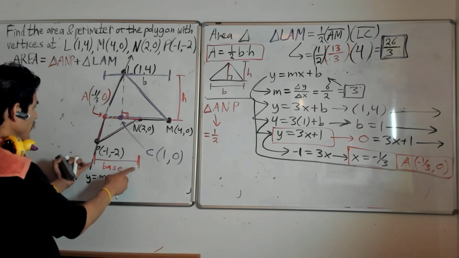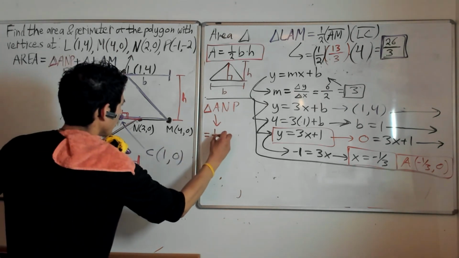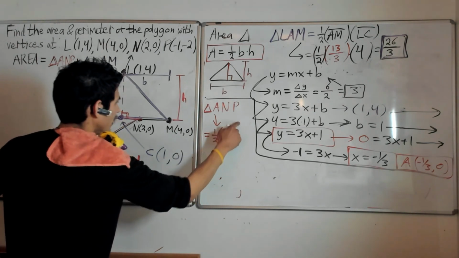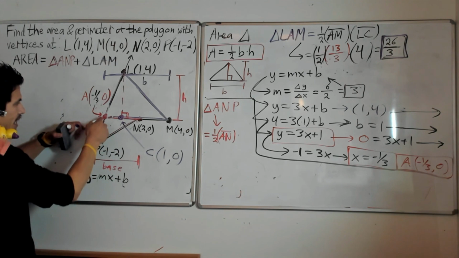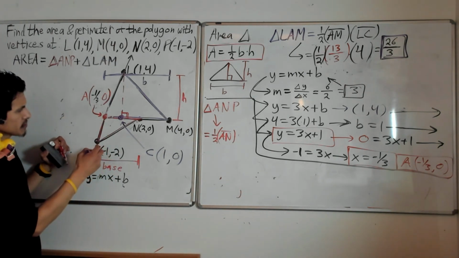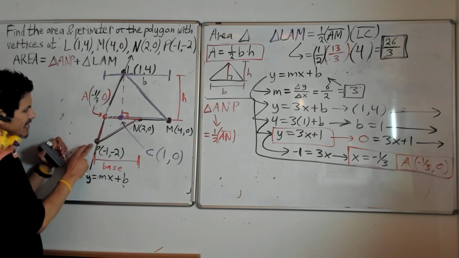So 1/2 AN multiplied by the height of this triangle. The height of this triangle will just be the vertical distance from this point down to P.